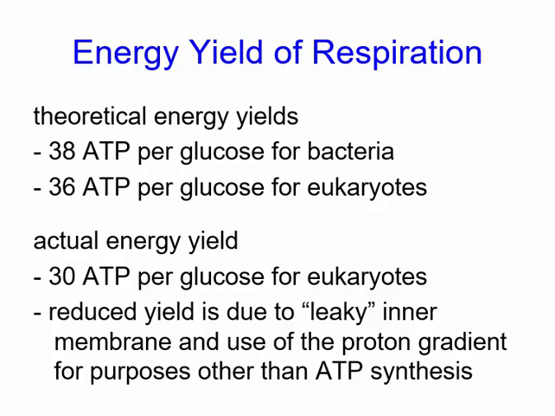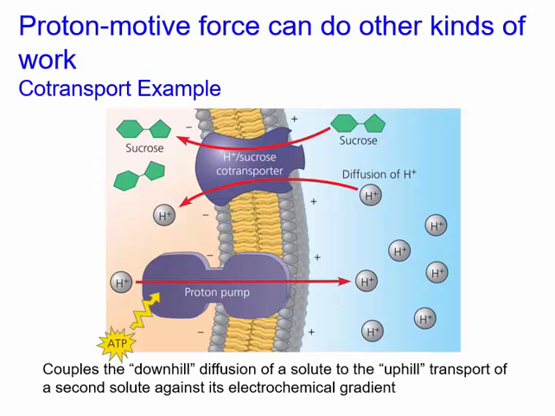So they can leak a little bit across the membrane, and you lose a little bit of the power of that gradient when that happens. Why the difference between bacteria and eukaryotes? In eukaryotes, you have to move that pyruvate from the cytoplasm into the mitochondrion, and so you lose a little bit of potential energy as a consequence of that.